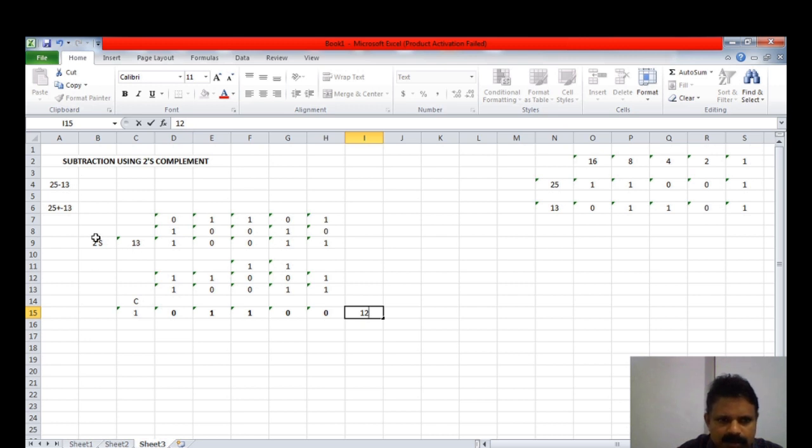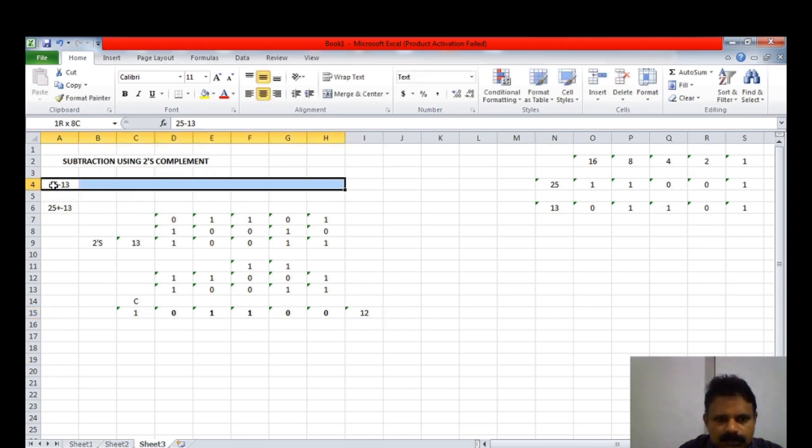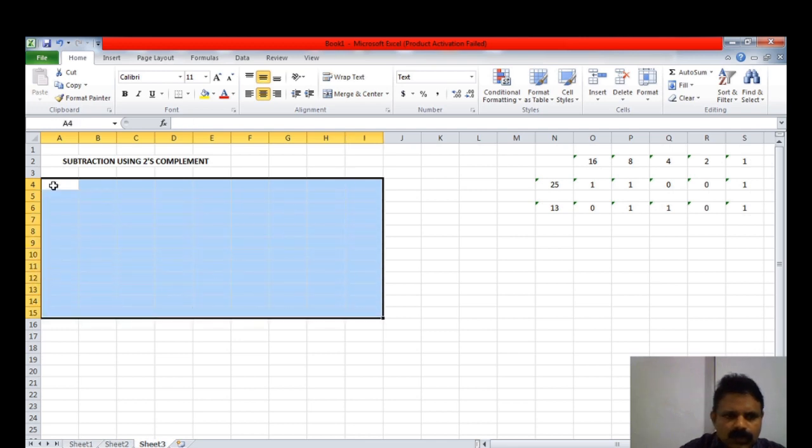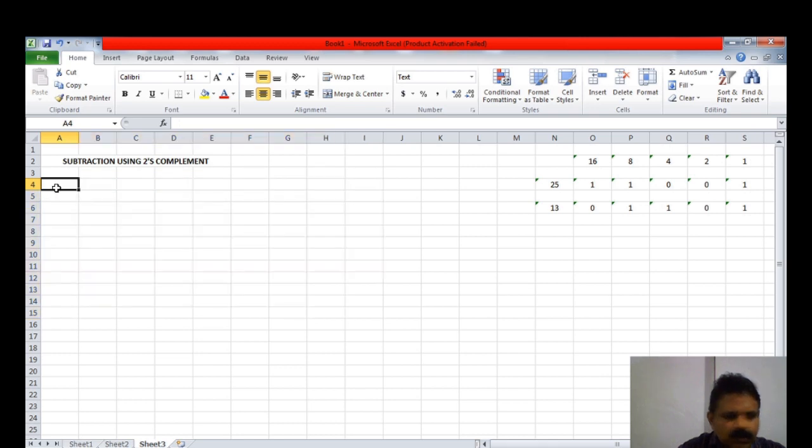Next, let us perform 13 minus 25. So it is 13 plus minus 25. What is the pattern for minus 25?